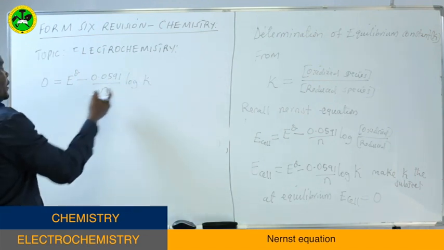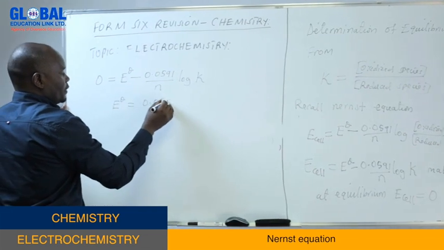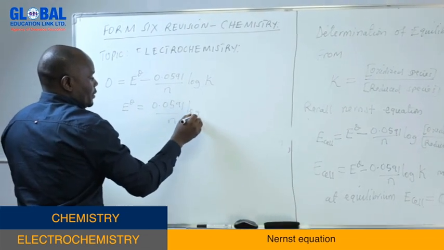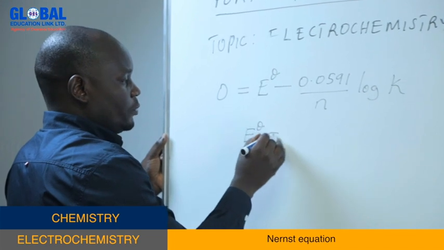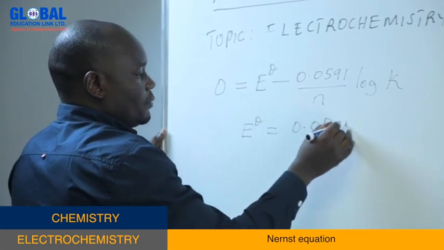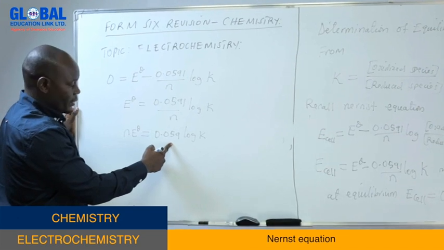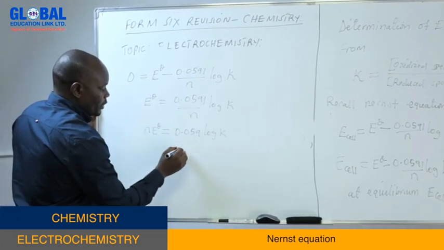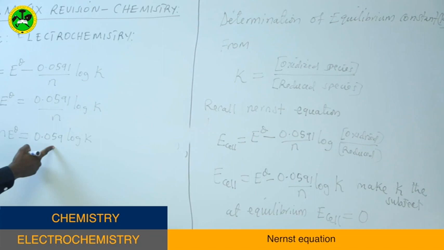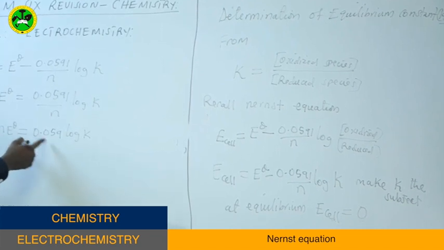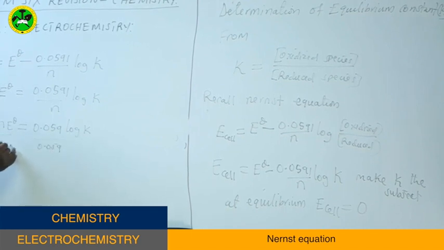Now if we make K the subject, then you will have the standard electrode potential equal to 0.0591 over n log of K. Now times n both sides, then you'll have n times the standard electrode potential of a cell equal to 0.059 times log of K. Now we divide both sides by 0.059, so log of K will be equal to n times the standard electrode potential divided by 0.0591.